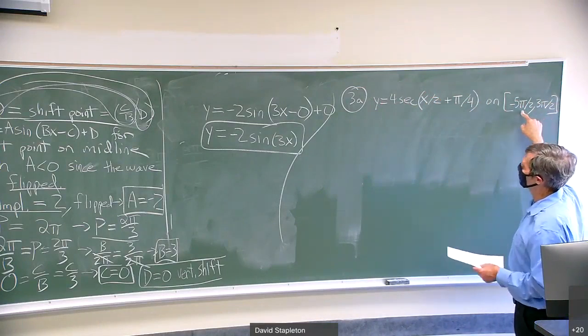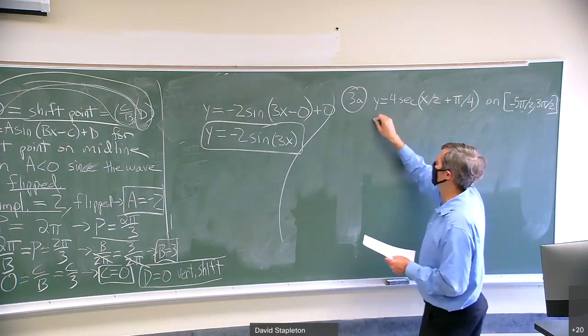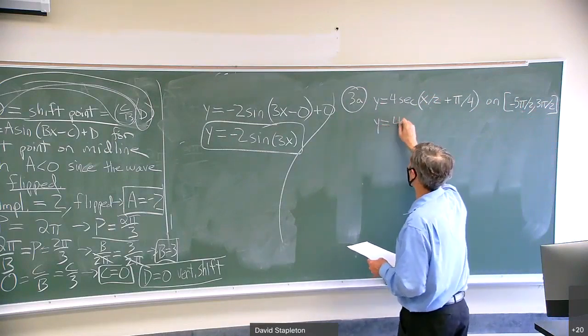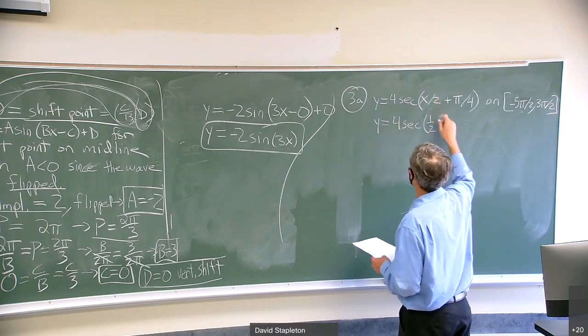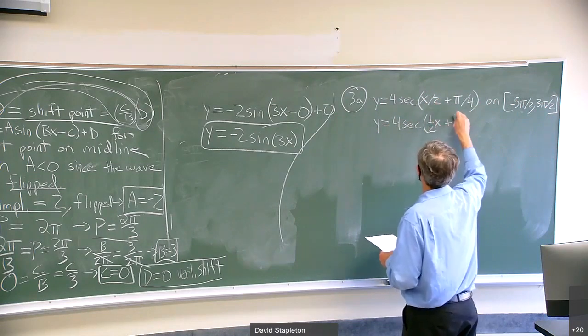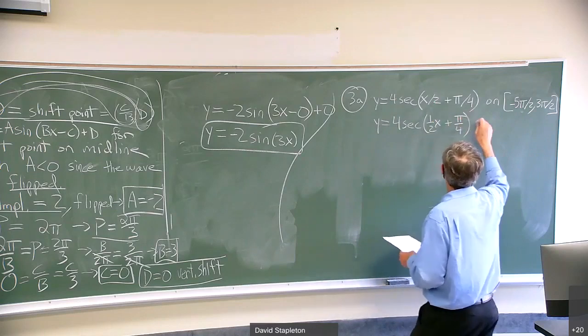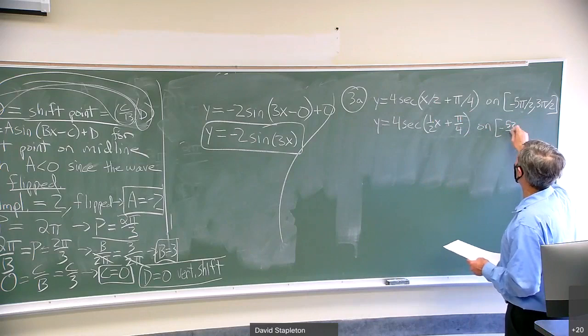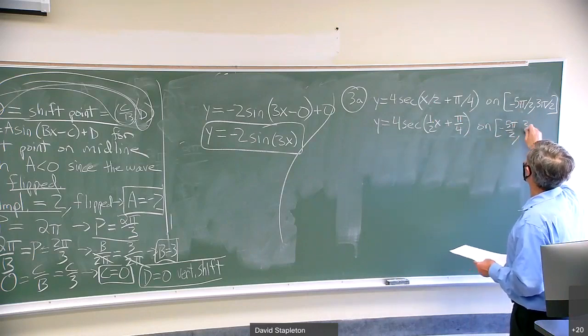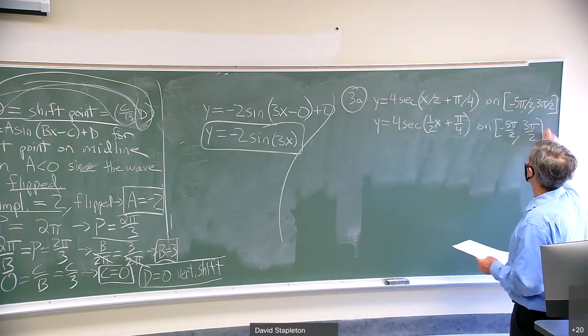This slash is another way of saying divide. What this really means, I hope the notation wasn't confusing, is 4 secant of 1/2 x, or x over 2, plus pi over 4 on the interval minus 5 pi divided by 2 to 3 pi divided by 2.